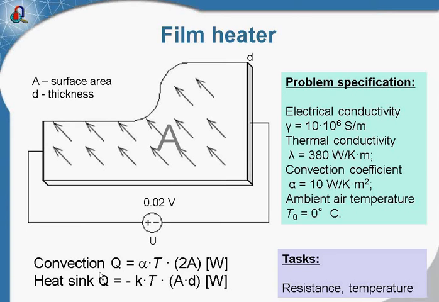You may note that the equation that describes the convection heat flux, this is the convection coefficient, this is the temperature difference, and this is the surface area. This is the convection from the front and the back side together, the convection heat flux.